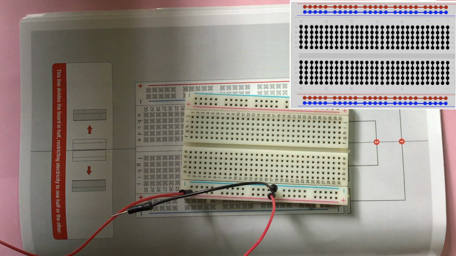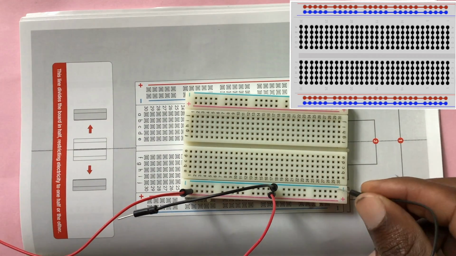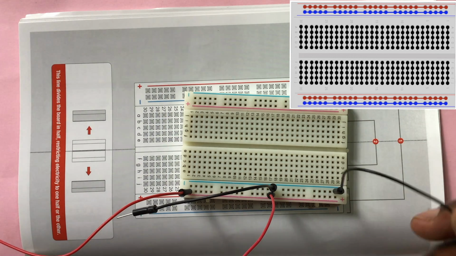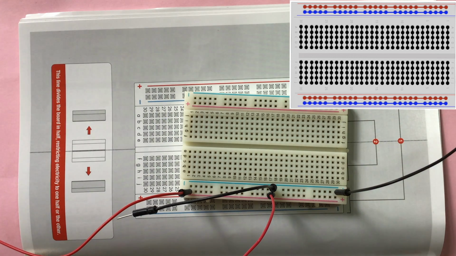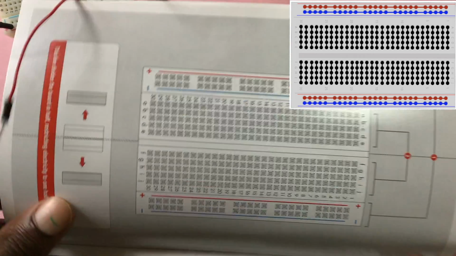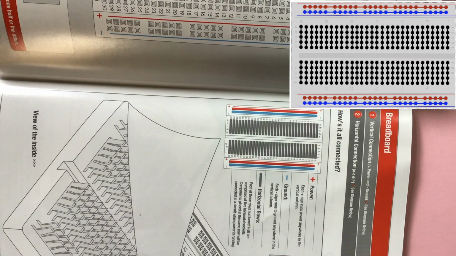This one will only be connected with something in this other row up to the end, the minus. So these are connected horizontally, internally. This whole line is connected like this. That's how they are connected.